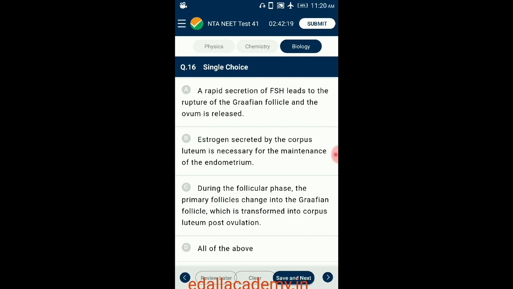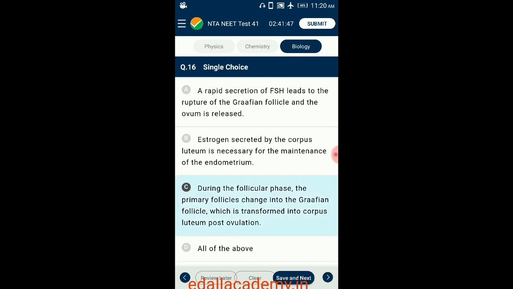Ovulation is followed by the luteal phase, where the Graafian follicle is transformed into the corpus luteum. Rapid secretion of luteinizing hormone, leading to its maximum level during the mid-cycle, called the luteinizing surge, induces rupture of the Graafian follicle and thereby the release of the ovum. The corpus luteum secretes a large amount of progesterone, which is essential for the maintenance of the endometrium. So the answer for this question is option C.